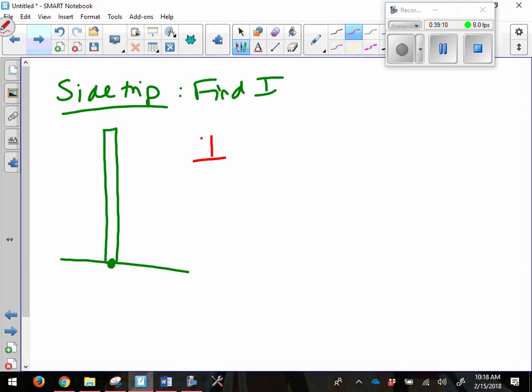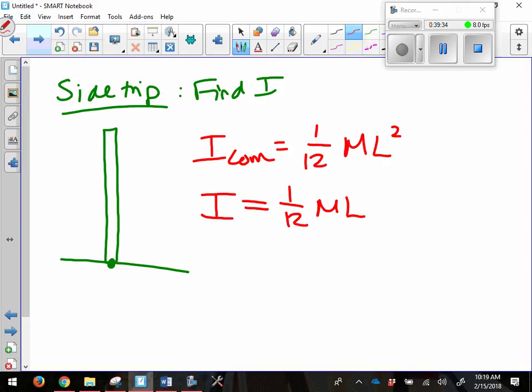So remember, it's got to be perpendicular to the long way, not around a central axis. So what is it? Okay. But is my rotational axis through the center of mass? It's through one end. So what do I need to apply? Parallel axis theorem, which says I take the center of mass rotational inertia and add what to it?